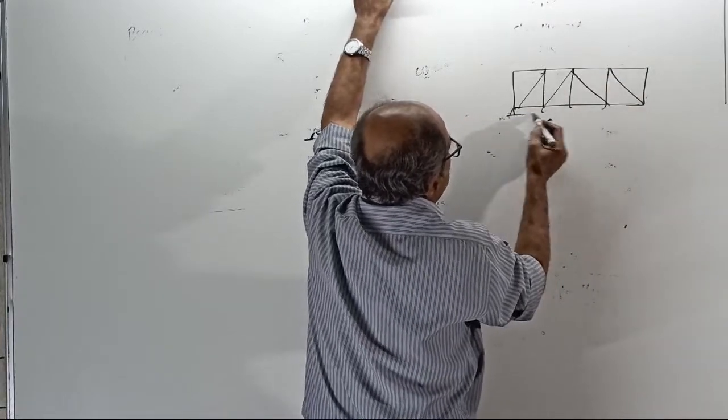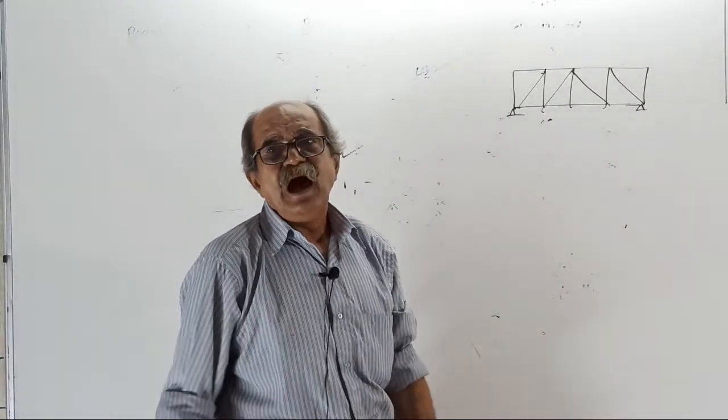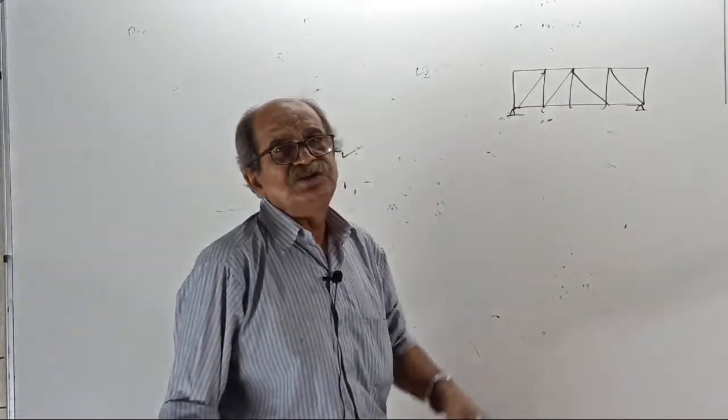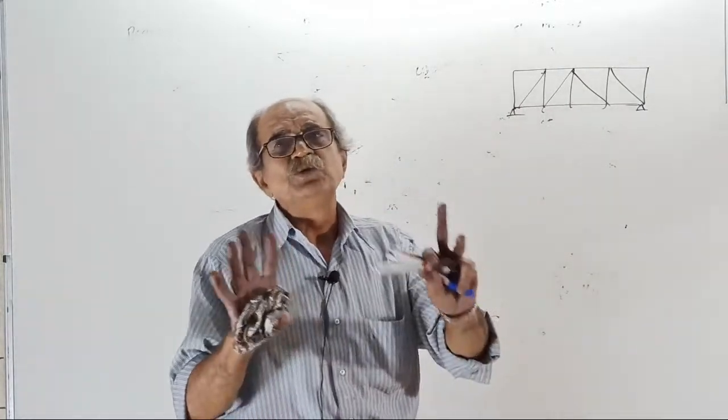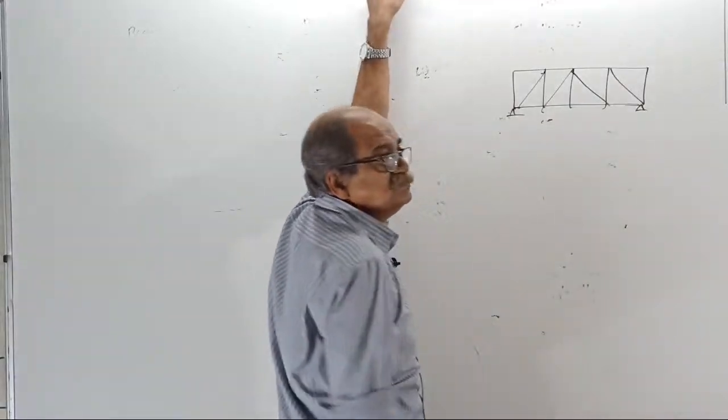Then, by method of joints or method of sections, in the class, briefly, I will tell you how to find forces in the members, just to give knowledge. Then I will prepare the model and solve.